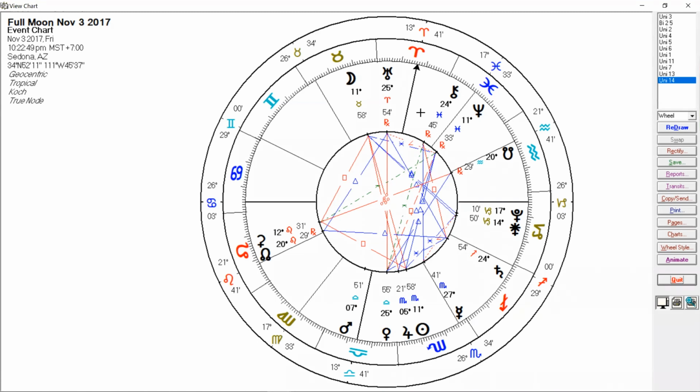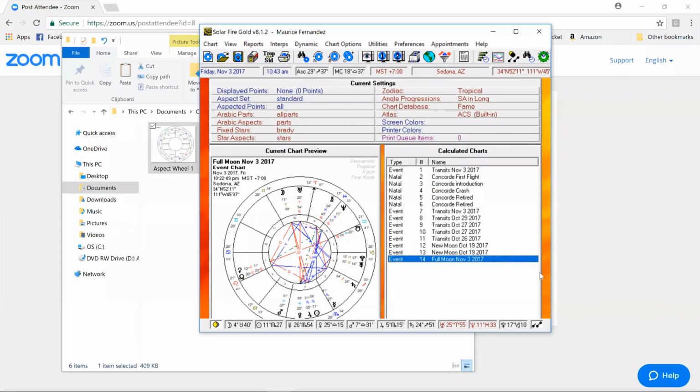You start with one planet, then you go to the other planet, and then you see how they talk to each other, how they challenge each other. And once you establish that, you can also go back to the original conjunction. When did this cycle between Uranus and Venus initially start?